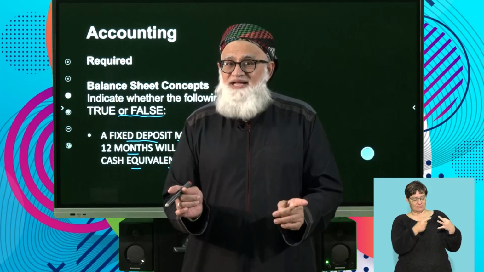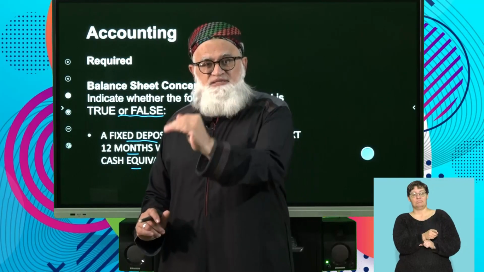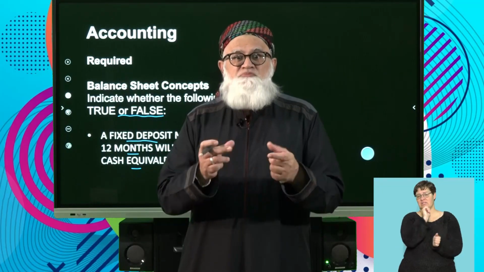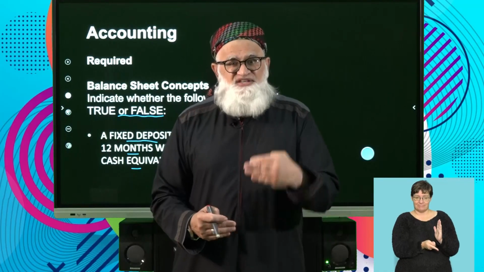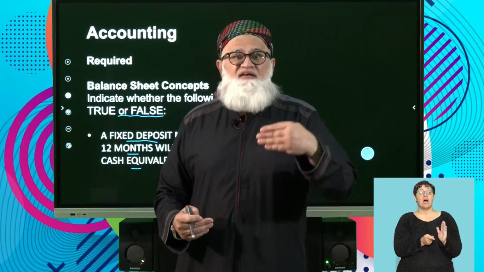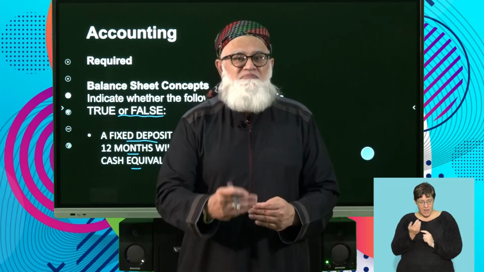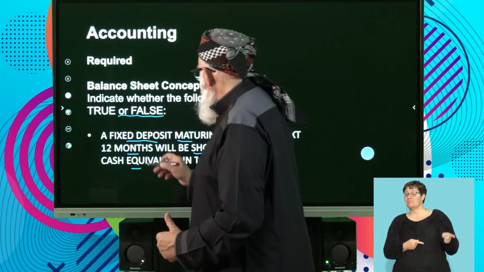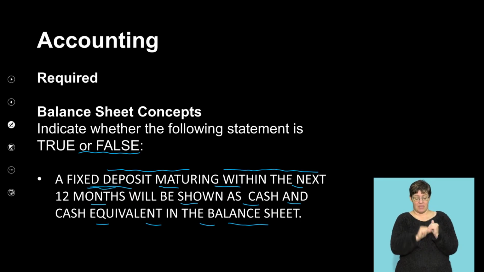Remember I spoke about the format? Now, we're dealing specifically with the fixed deposit. Any fixed deposit that is maturing within 12 months no longer fits the description of a fixed deposit, and therefore it has to appear under my cash and cash equivalents. Coming back to my statement, a fixed deposit maturing within the next 12 months will be shown as cash and cash equivalents.